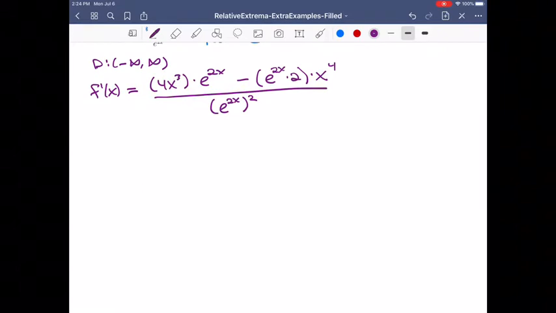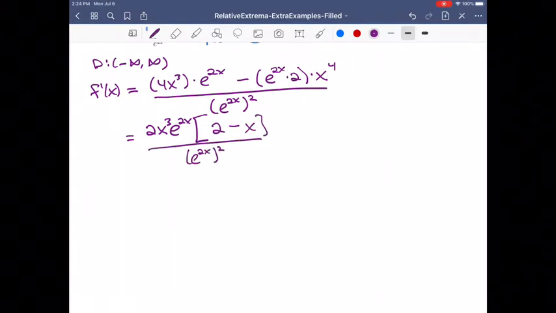Okay, now I can factor this. I see that I can pull out 2x cubed and e to the 2x. So what's left over from the first term is just 2, and what's left over from the second term is just x. And this is over e to the 2x all squared, or e to the 4x.